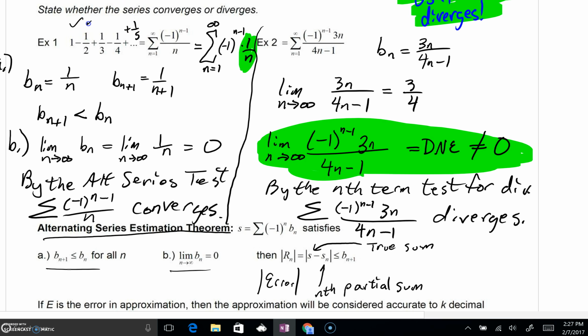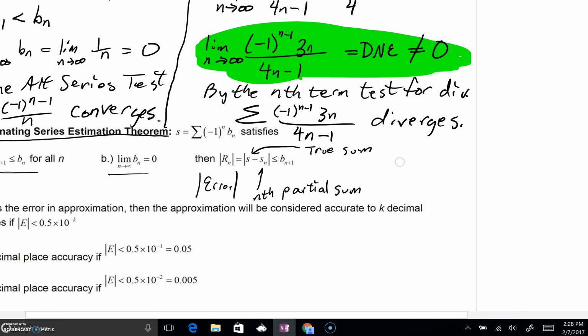So you get your first, second, third, fourth, fifth. And someone said, hey, add up those first 5 terms. S sub 5 is what you'd be finding. Would that equal the true sum if we went on forever? And the answer is definitely no way, right? You'd say you're supposed to add up forever and you're only adding up the first 5 terms. You're not going to get the real answer, the real sum.